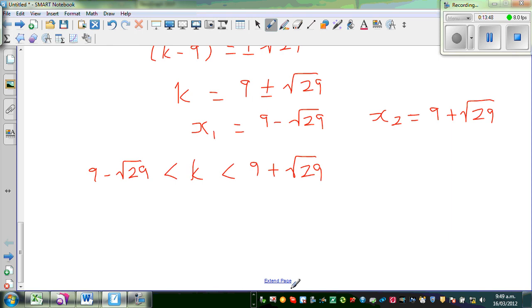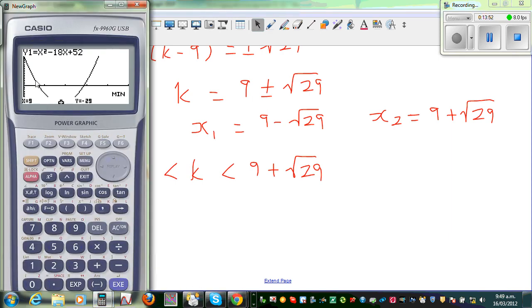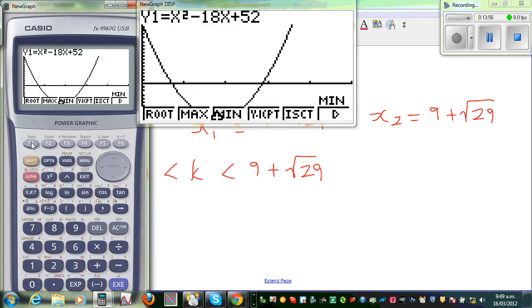Let us check that on a calculator. Does the answer make sense? This is x1 and this is x2. So G-Solve and you go to root.